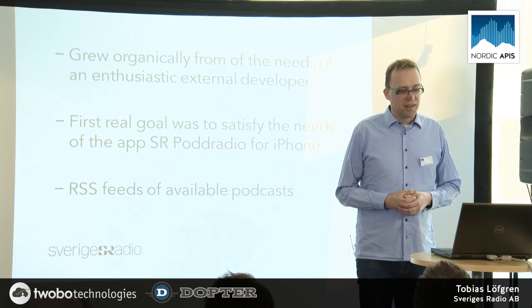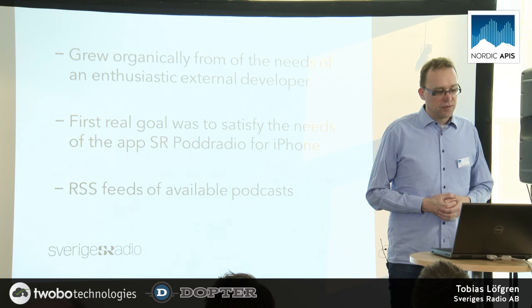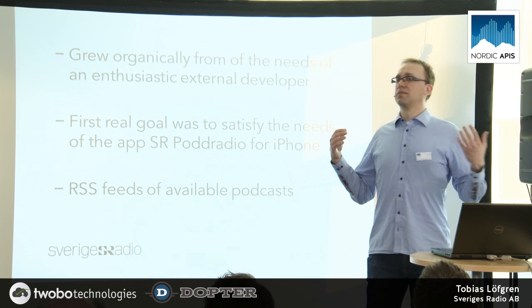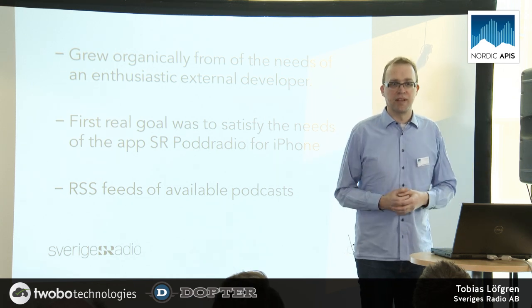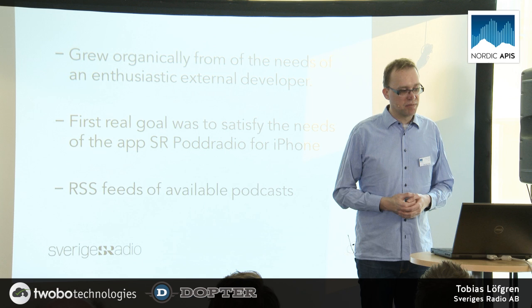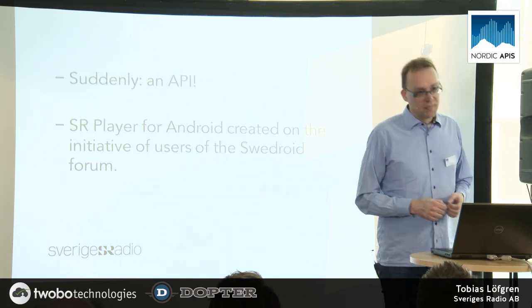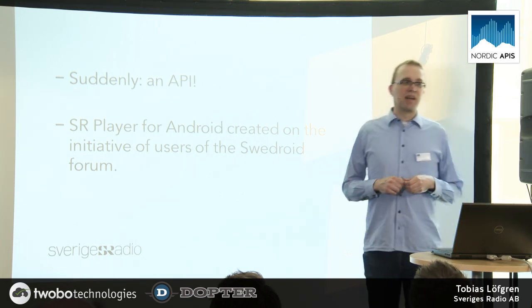Around this time, a small, insignificant product called the iPhone was introduced, and we were pretty quick to create an application called Sveriges Radio's Pod Radio. The first real goal of our RSS feeds and internal API was to provide information for the iPhone app. And suddenly we had an API.